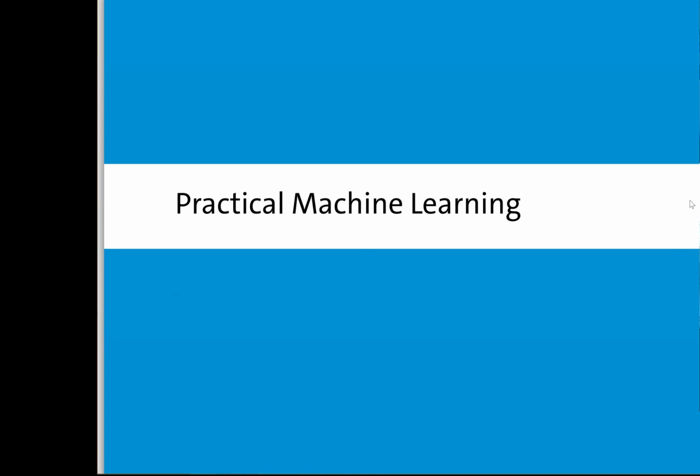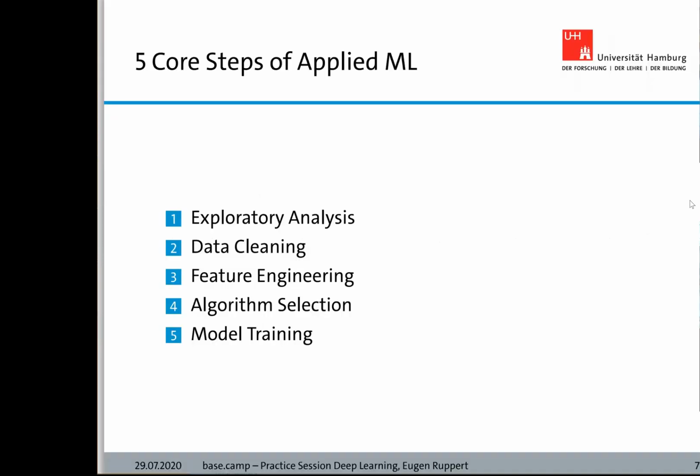To tackle this problem, there are these 5 core steps that you can follow to get your applied machine learning project running. The first step is the exploratory analysis, where you look at the data and see whether it is possible at all to learn something from the data. The second step is the data cleaning, where you have a look at the data to see whether it is all usable, whether there are some problems with it.